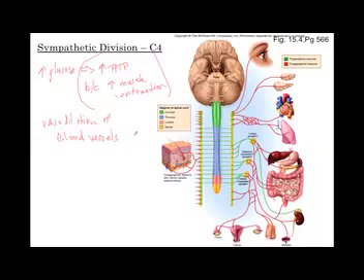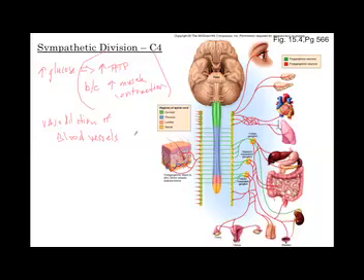We want to increase the amount of blood that's able to flow to those organs. More blood to skeletal muscle means more glucose delivery, more oxygen delivery, more ATP production. Therefore, we can sustain muscle contraction longer.